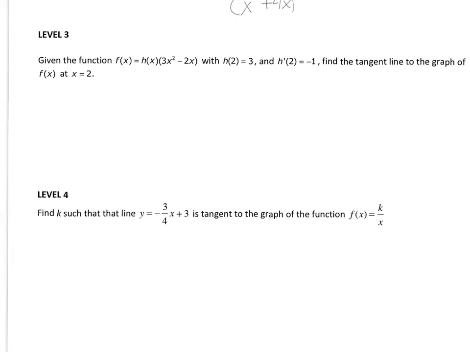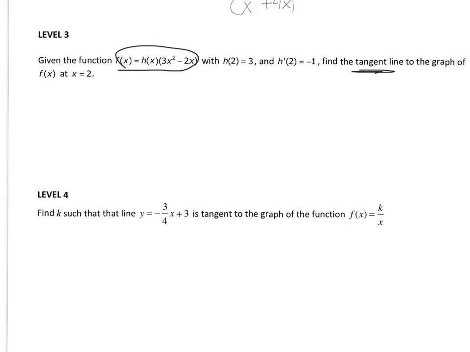At level 3, we're going to involve the tangent line vocabulary and concept, with a symbolically defined function. So not only am I going to attack this with the product rule, I'm also going to use symbolic notation when taking this derivative.